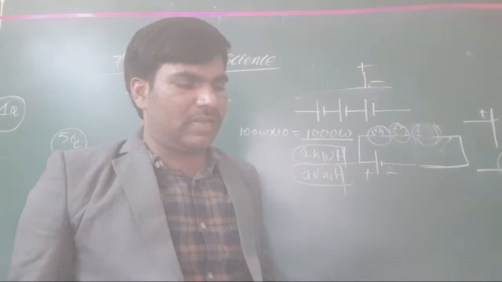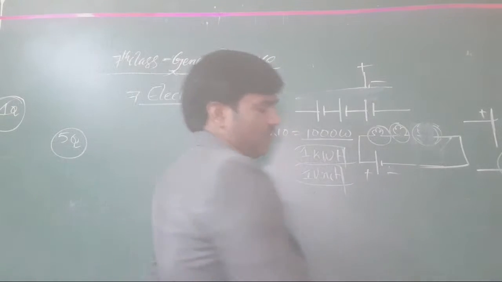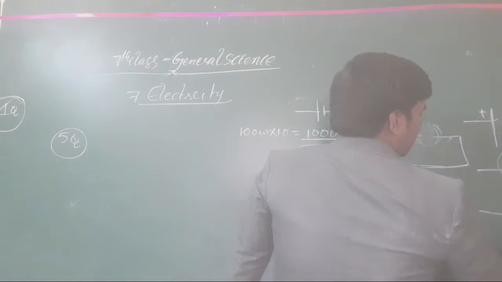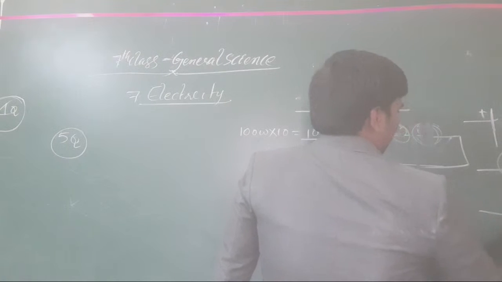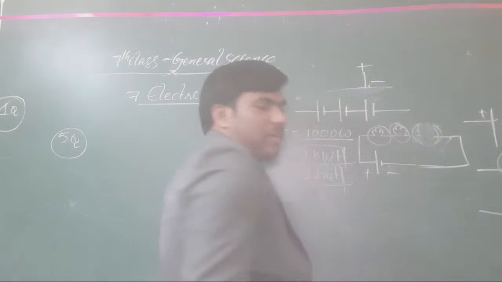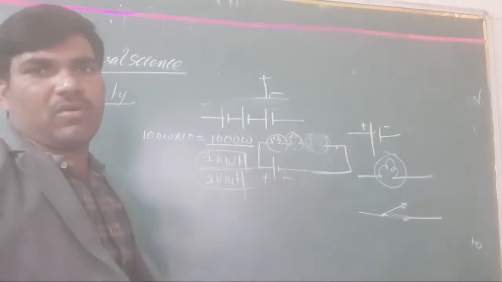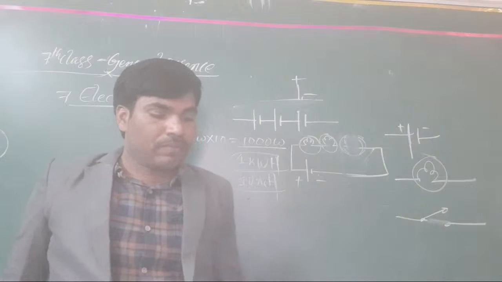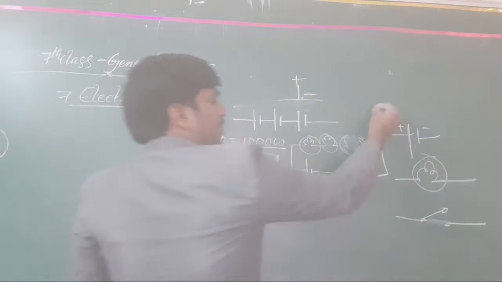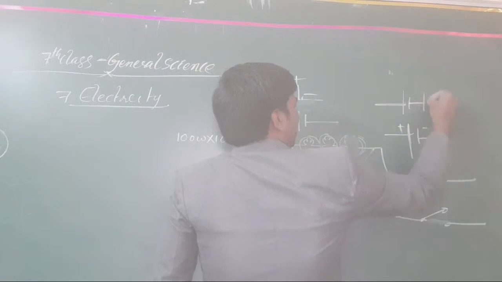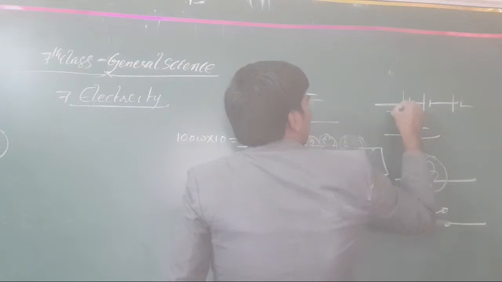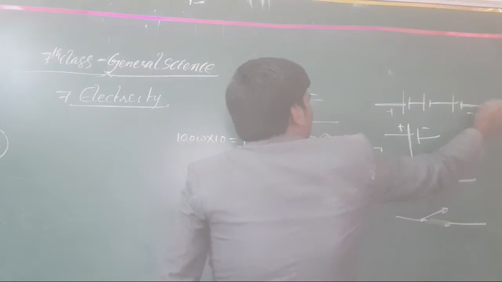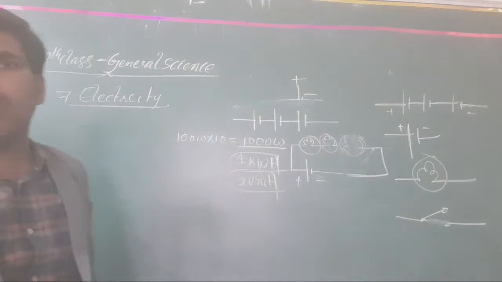And the electric switch is like this, or otherwise it is also possible to take it like that. That is only the switch and the battery, you know very well. This is called a battery. This is plus and this is minus. This is all about the batteries.